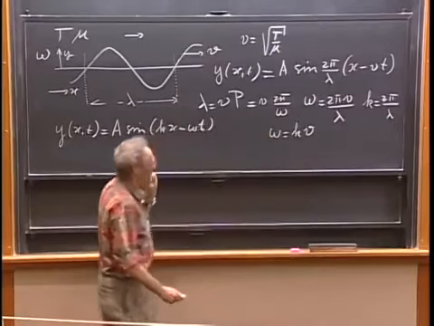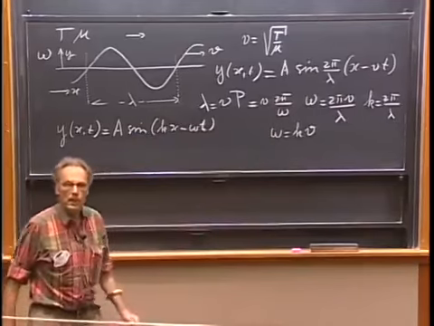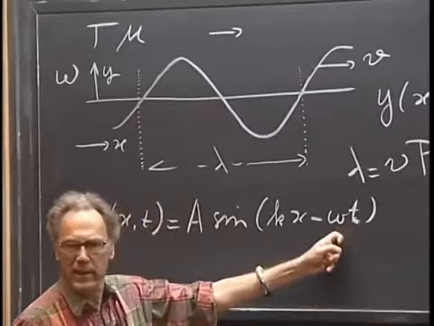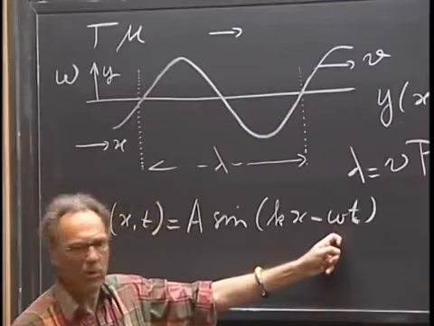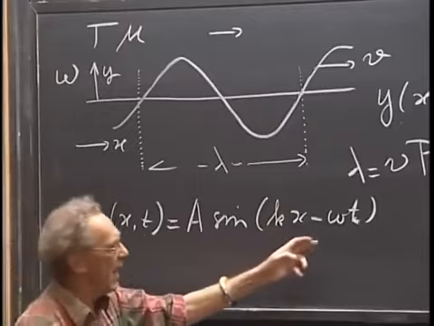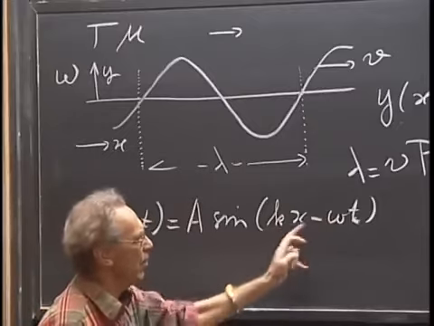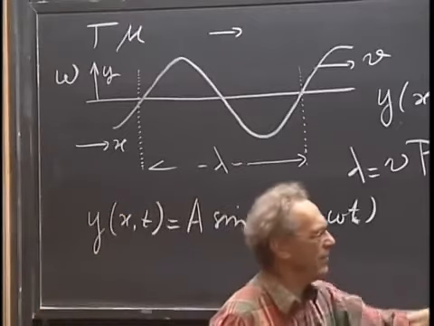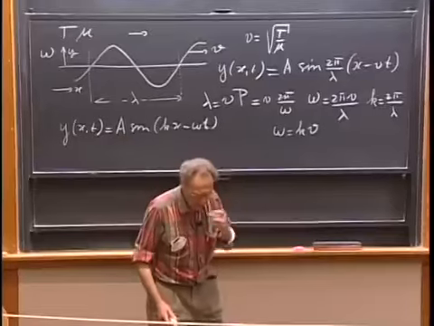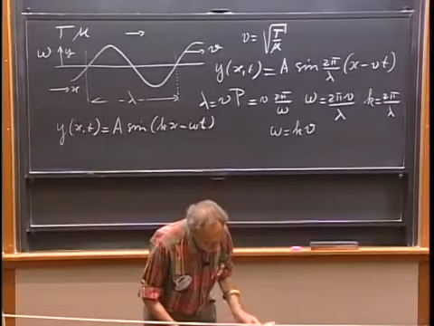And so this form is nice in the sense that if you have these two numbers, you know immediately what the frequency is, that's non-negotiable, and you know immediately what the wavelength is, it's 2 pi divided by that number, and you even know that the ratio of those two, omega divided by k, is your v. So it's a nice way of writing things down.